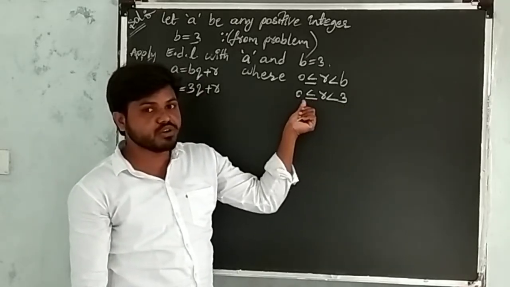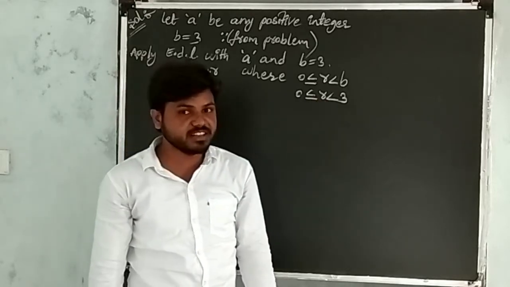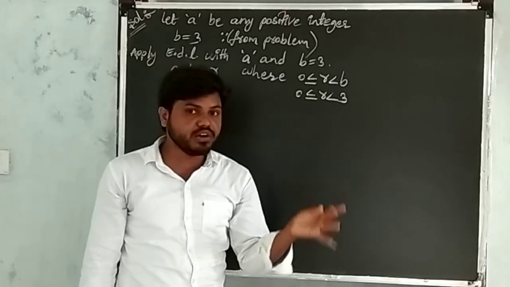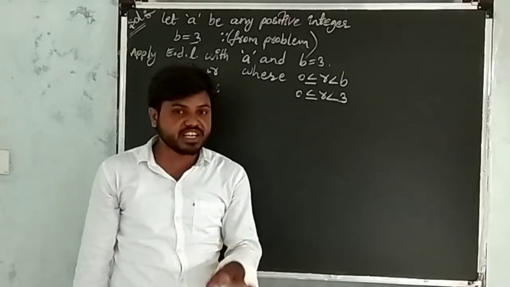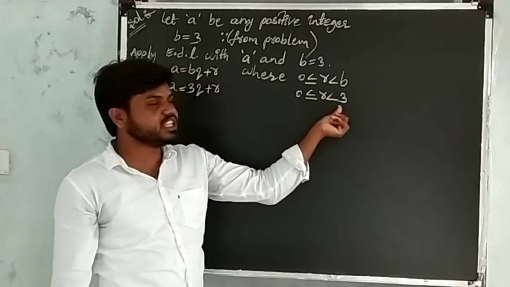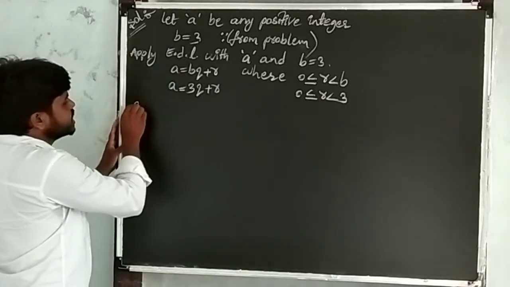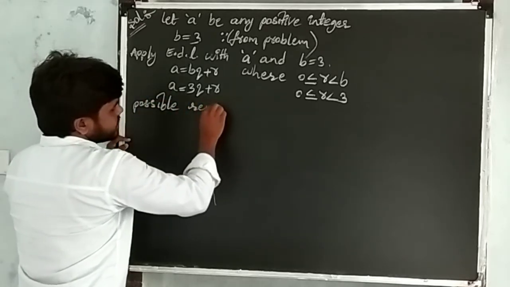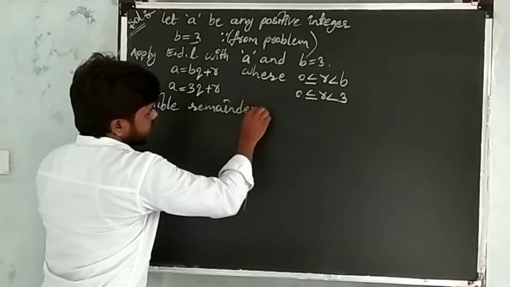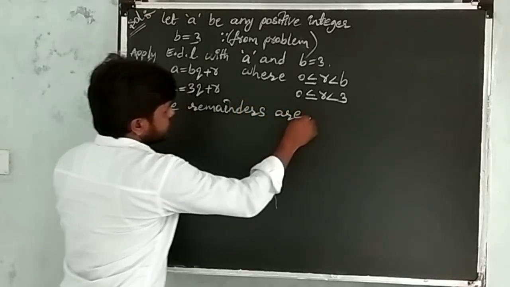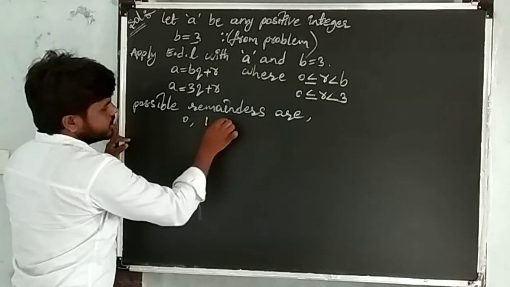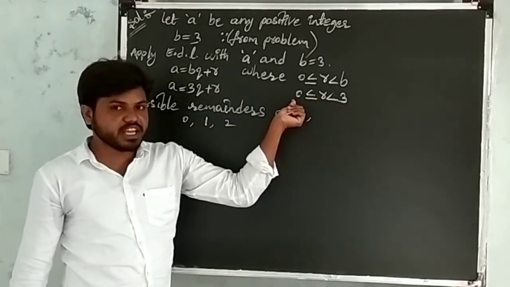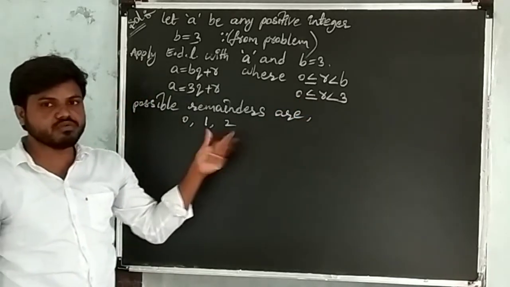So the possible remainders are 0, 1, 2, because the remainder is smaller than 3 and it is more than or equal to 0.